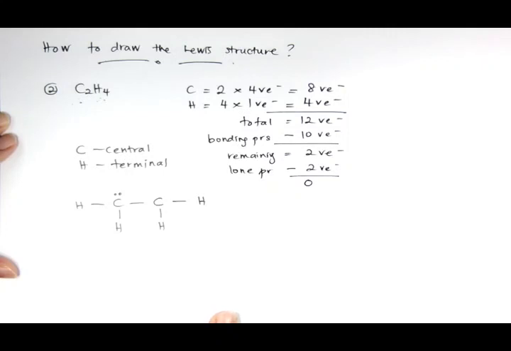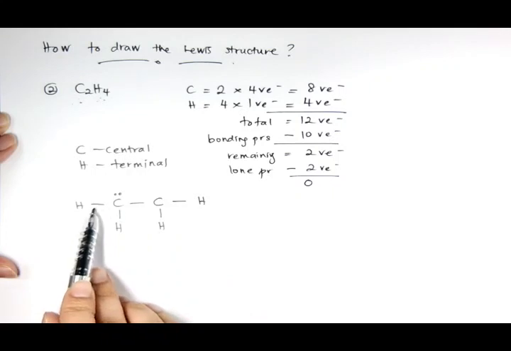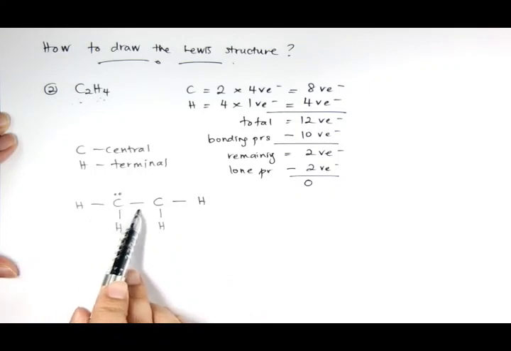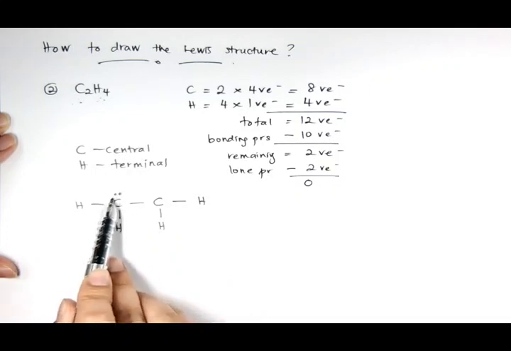So the next step is to check whether the molecule satisfies the octet rule. First, check the terminal atoms, whether they have achieved duplet or octet. So hydrogen with a single bond is already duplet. Then check the central atom. The first carbon has 3 bonding pairs that involve 6 electrons and 1 lone pair that involves 2 electrons.